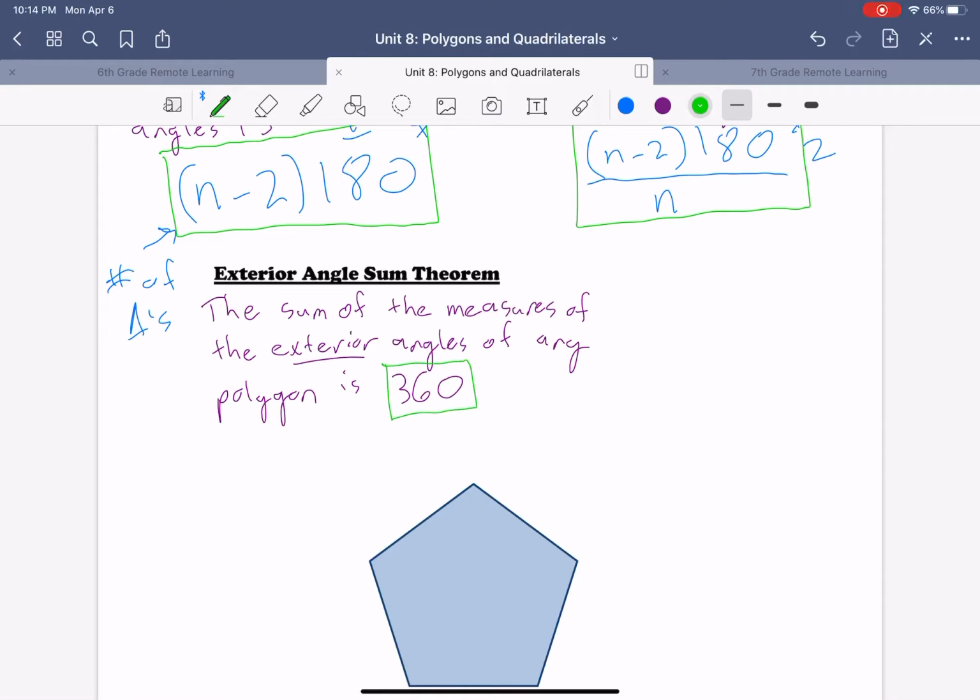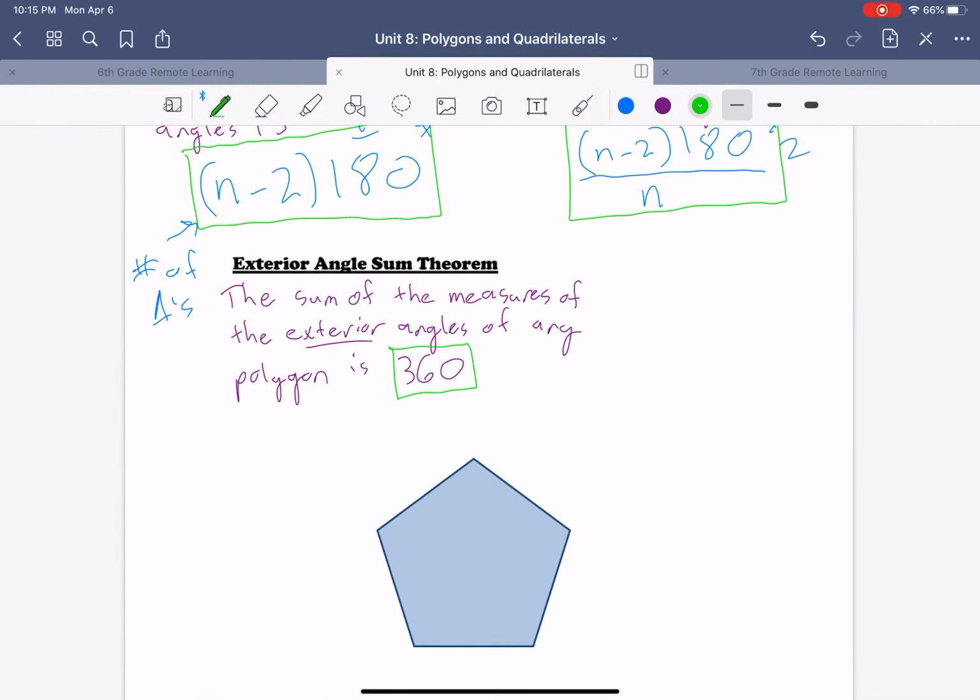It's just 360. There's no fancy formula. For any polygon you could possibly come up with, if you add all of the exterior angles together, it's going to give you 360 degrees.